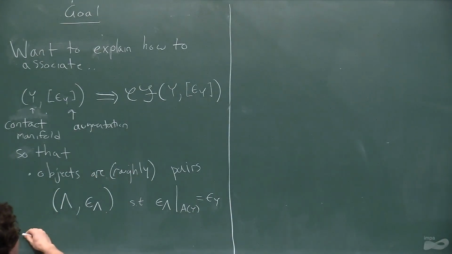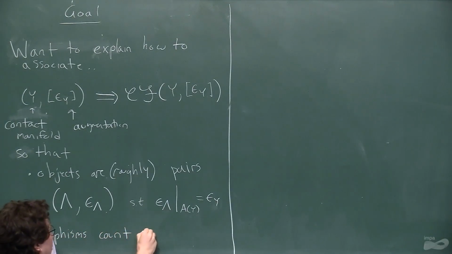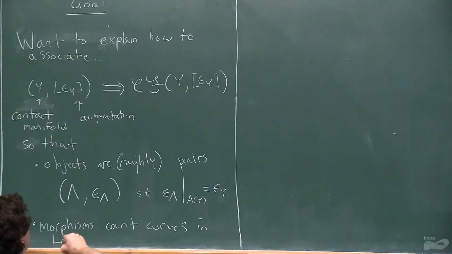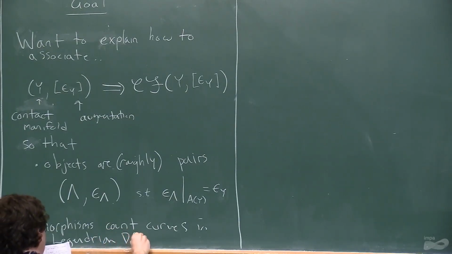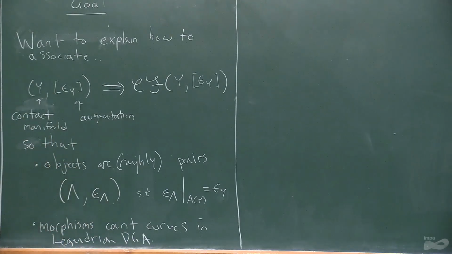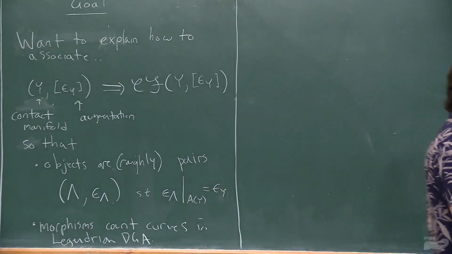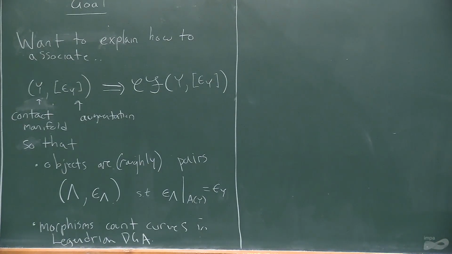And then the morphisms count curves that already existed in the Legendrian DGA. So basically the construction is not really introducing any new holomorphic curve stuff. It's just a repackaging of a lot of information from the usual Legendrian DGA.